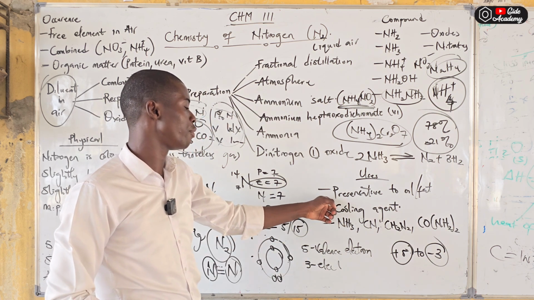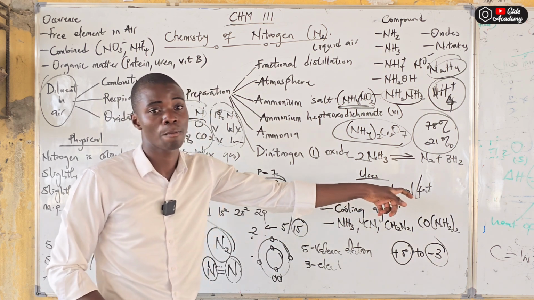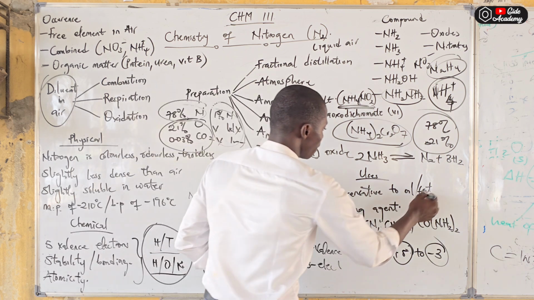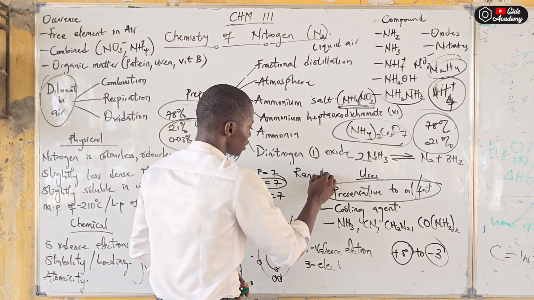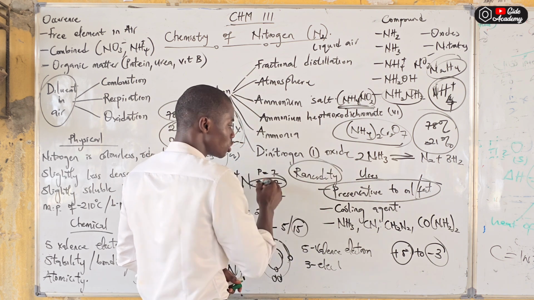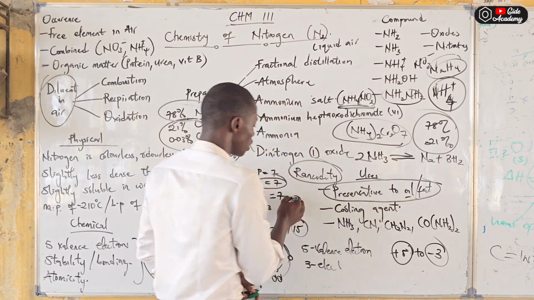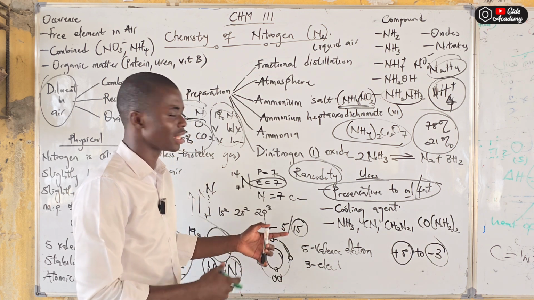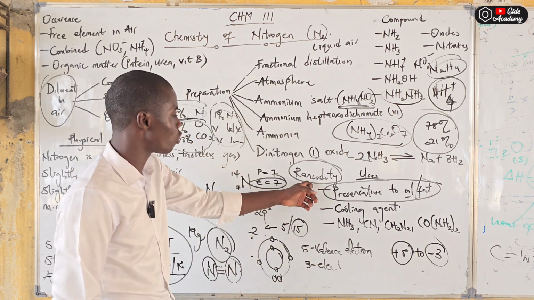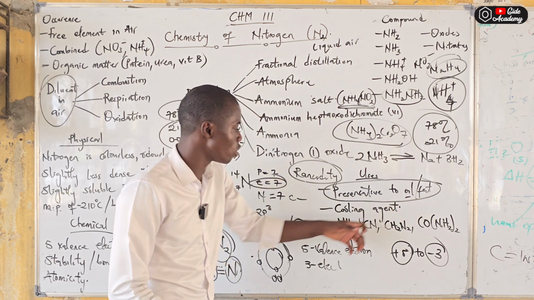Let's quickly rush through the uses of nitrogen. It's actually used as a preservative for oil and fat. What I mean is, there's something we call rancidity in oil and fat, which is the degradation of oil and fat to give us carboxylic acid, alkanone and aldehyde.